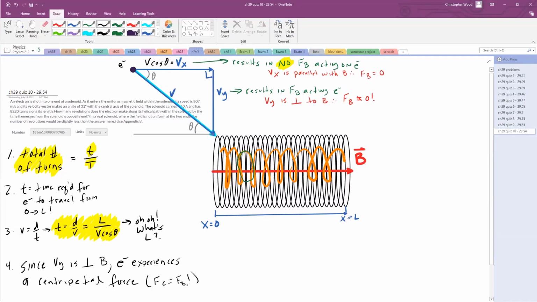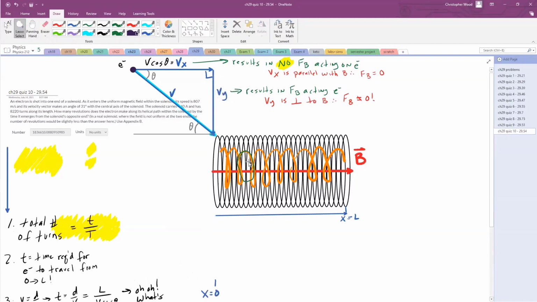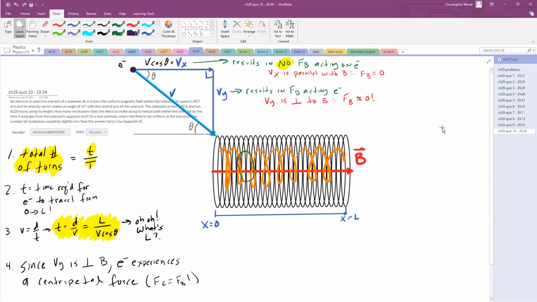So let me do that right-hand rule thing again. I'll make a copy of this. Here's V sub y. Just as a sample, because I want to convince myself, let's say my electron is sitting right here at this particular point, and V sub y is in that direction.